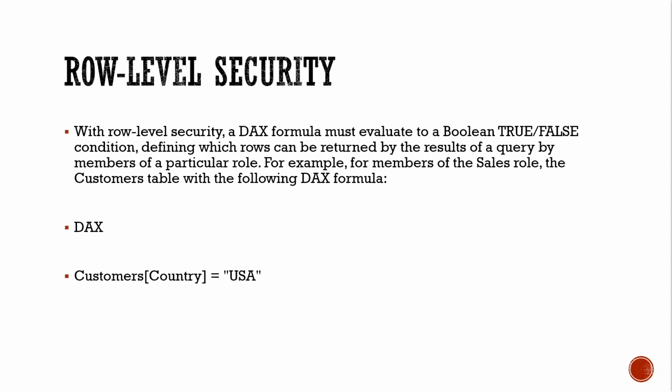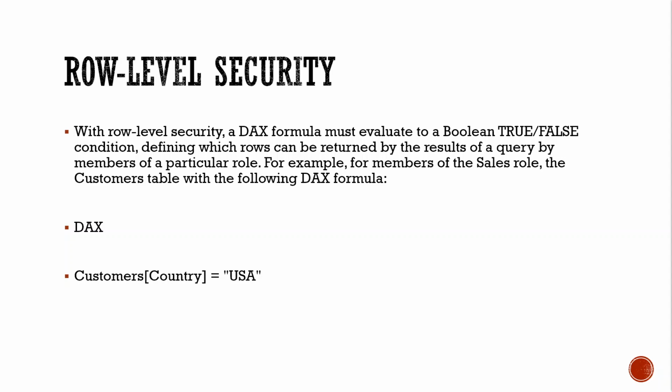RLS, or the row level security. This is where a DAX formula must evaluate to a Boolean true or false condition, defining whether the member of a particular role can enter that table or can retrieve a value or content inside that table.